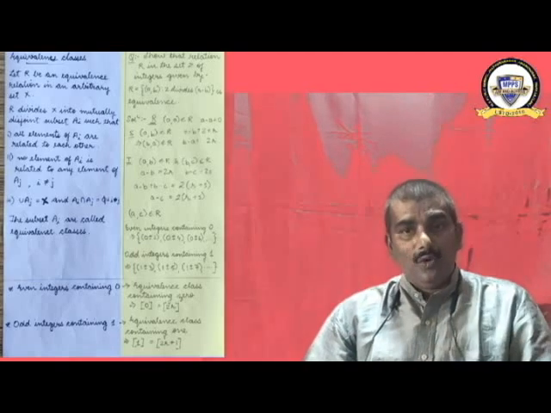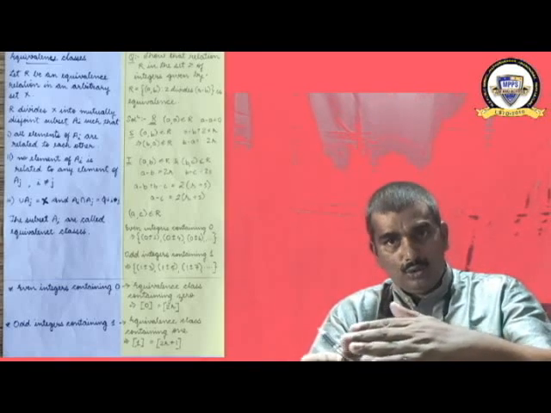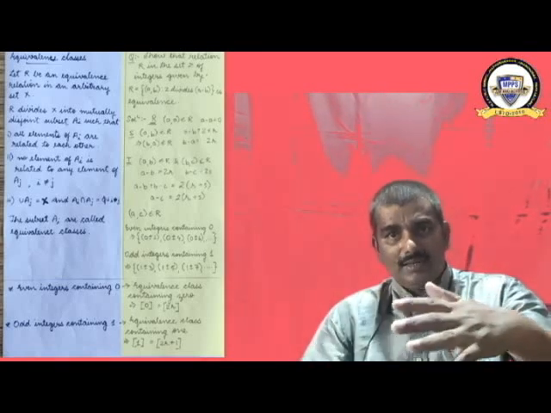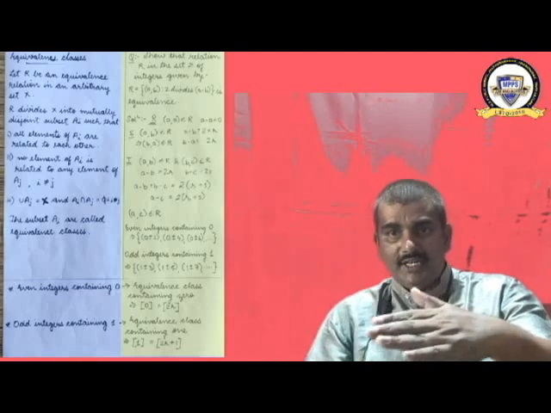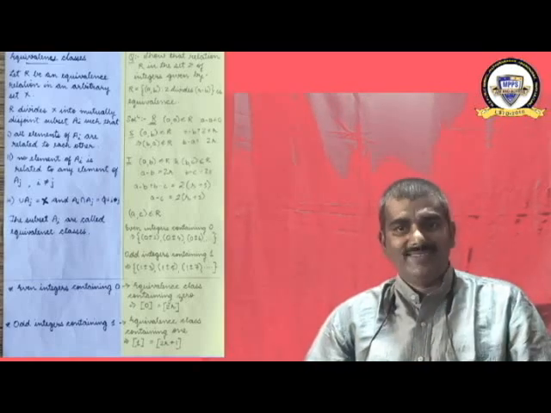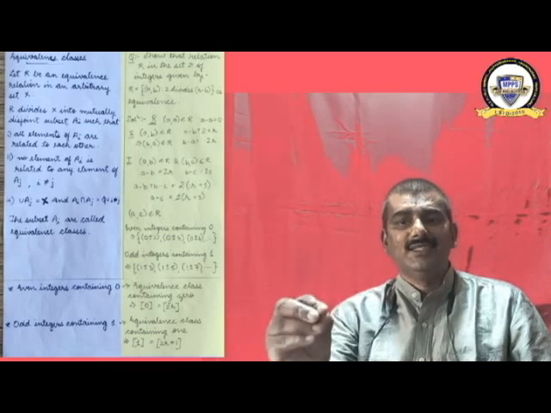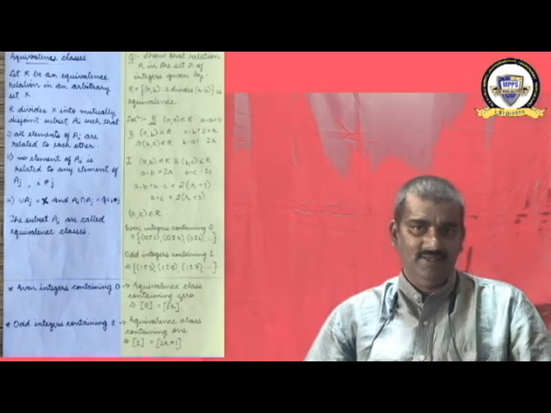So in this equivalence relation, I am dividing this Cartesian product into two independent groups. For example, even integers containing 0 are the pre-image.